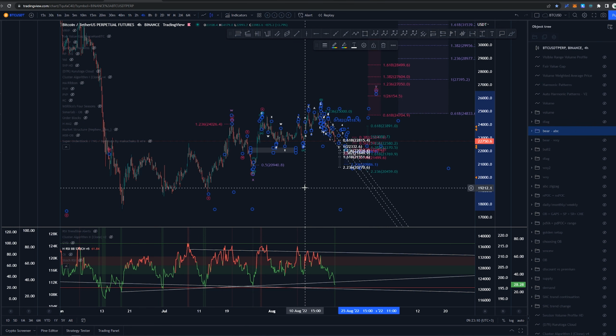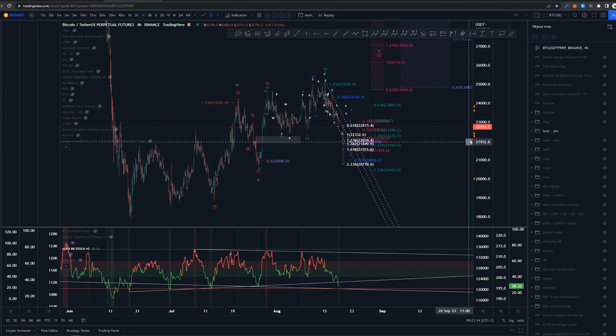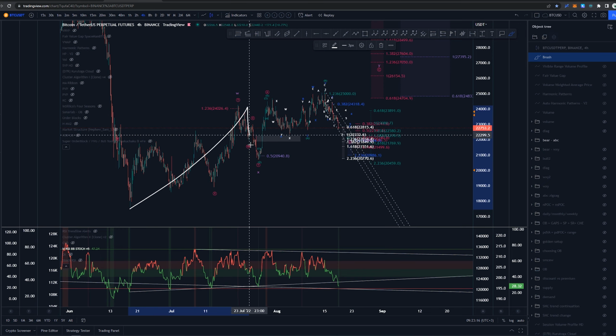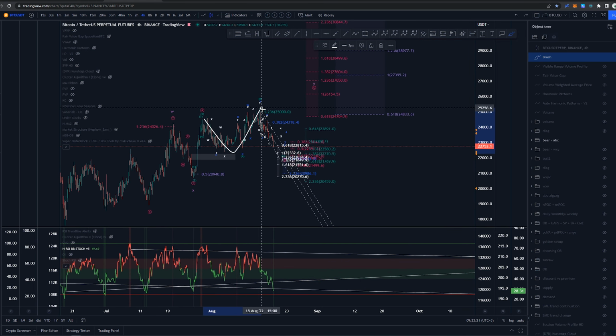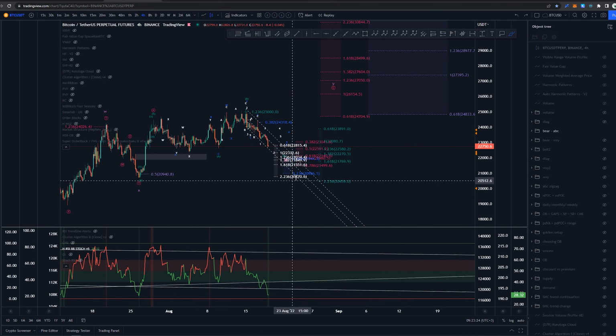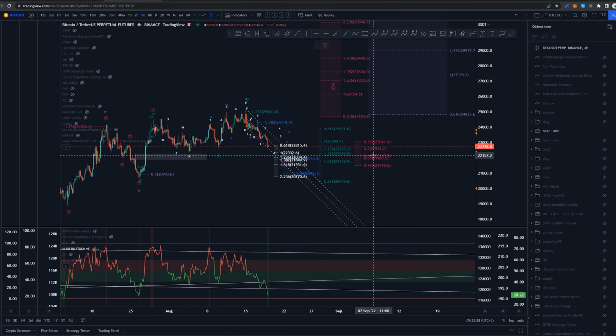Then we had this one in which we were looking for more downside. Now I've labeled this as a WXY again, and this was the A wave, and then we were looking for a three-way structure here coming down back to around this golden pocket, or the 0.5. We're currently right around that 0.5.